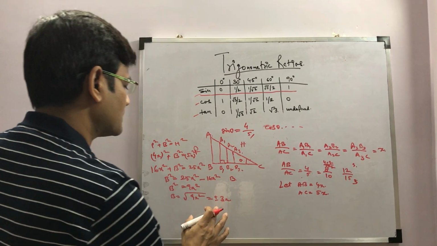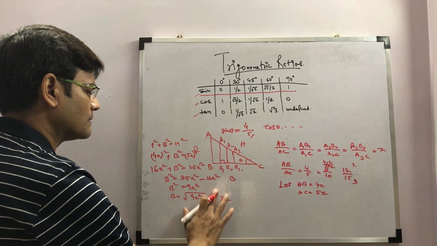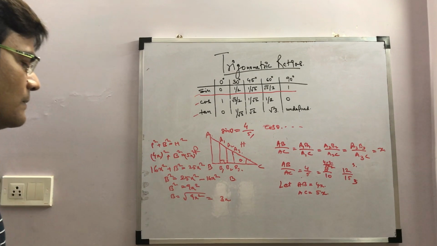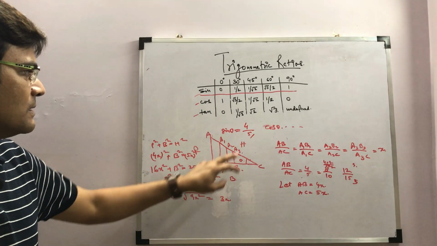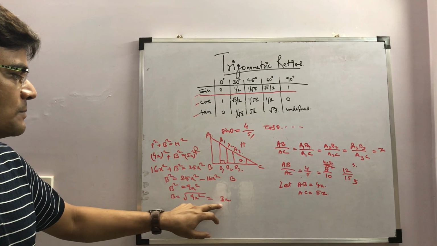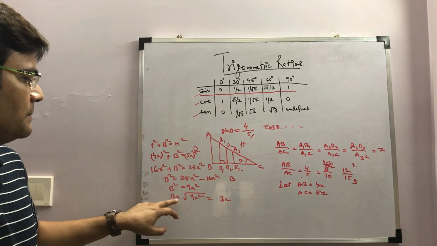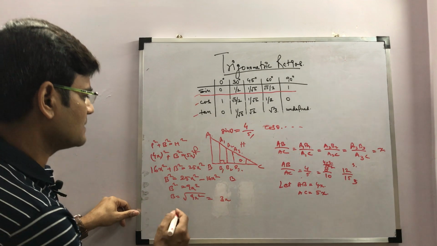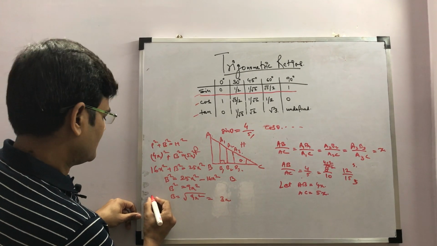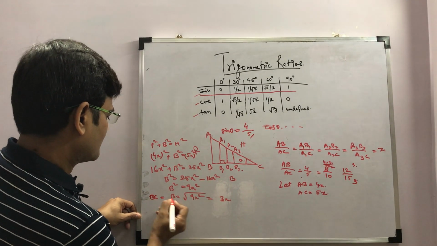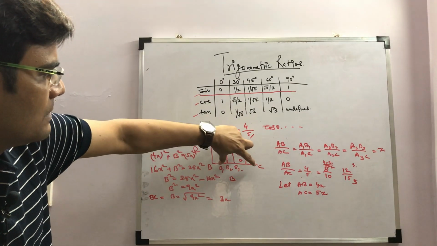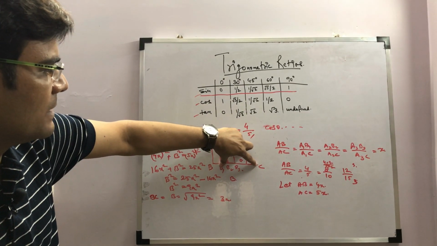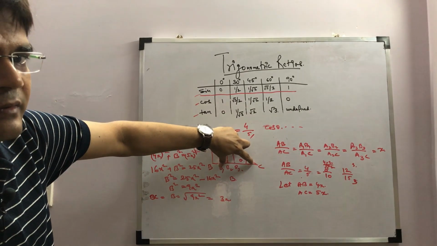In simple terms, 3x. I will not consider the negative sign, I will consider only the positive sign, because I have considered this one as also positive. So the base is nothing but BC. If you consider the triangle A1 B1 C, the x value will be different.